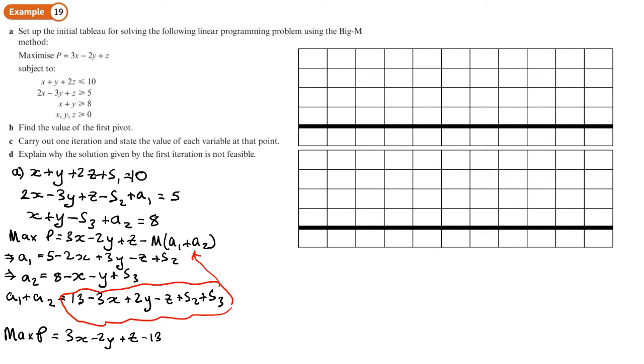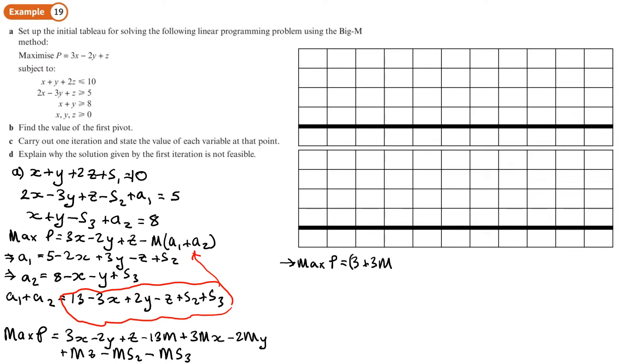So minus 13m plus 3mx minus 2my plus mz minus ms2 minus ms3. So now we'll collect the like terms. So we've got 3x and 3mx. So we'll write that as 3 plus 3mx.